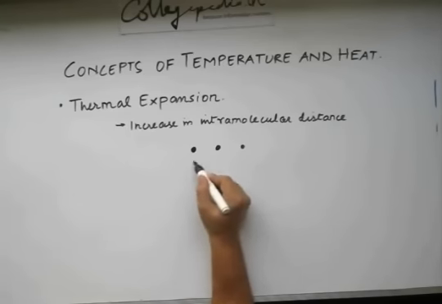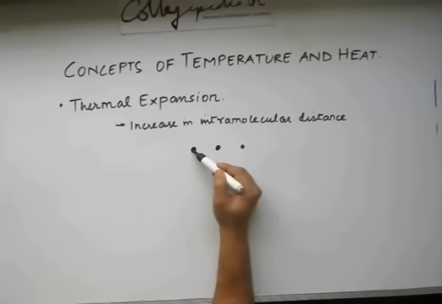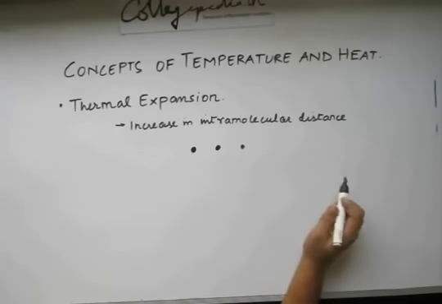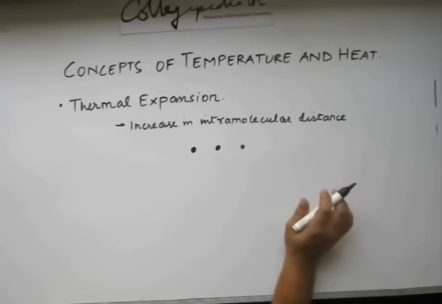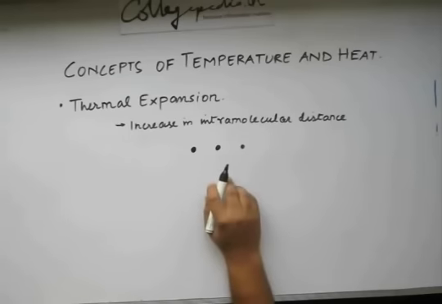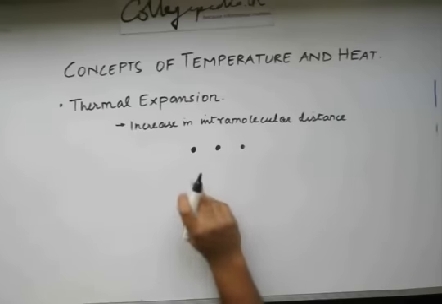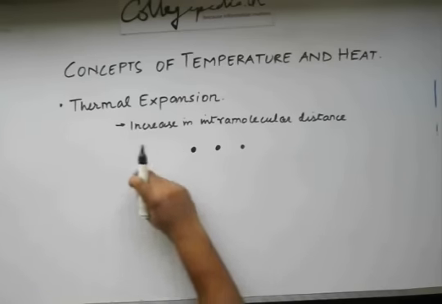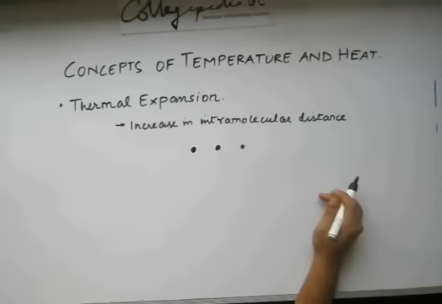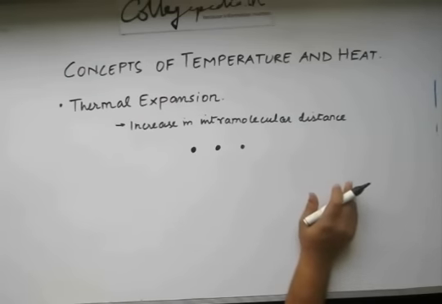As they vibrate and we increase the temperature, the energy associated with each molecule increases. This is something we will be deriving later on in our discussion of gaseous state. So when this intermolecular distance increases, the length or the dimension of the body increases. That is coming as an effect of increasing temperature.